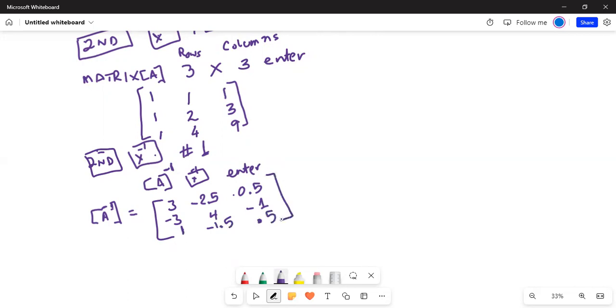So this is your answer, the inverse of matrix A.